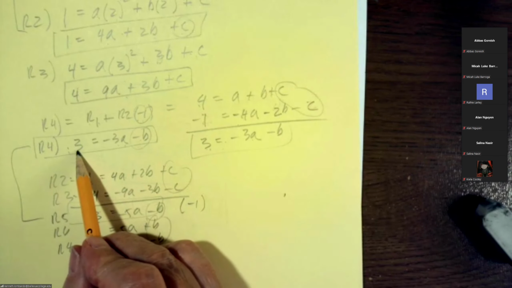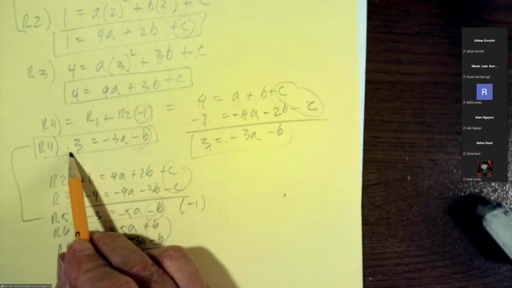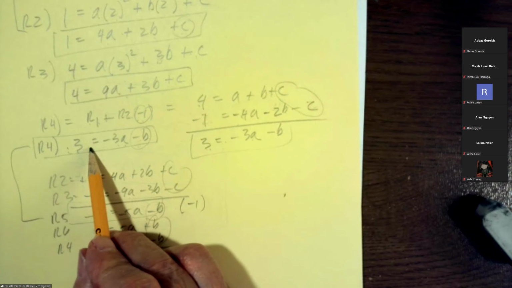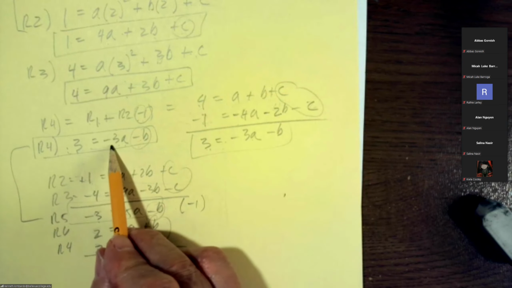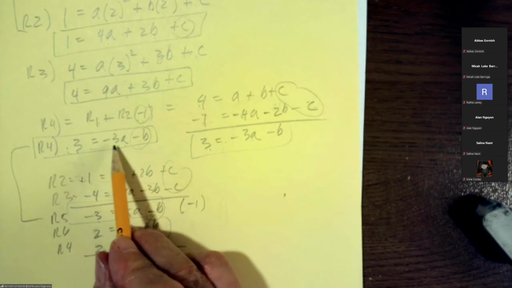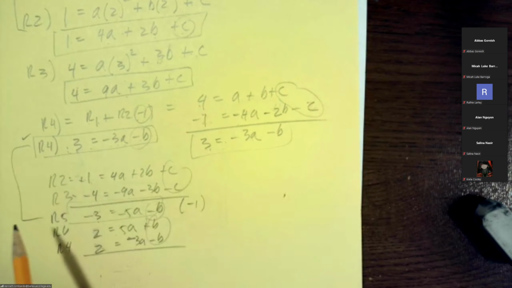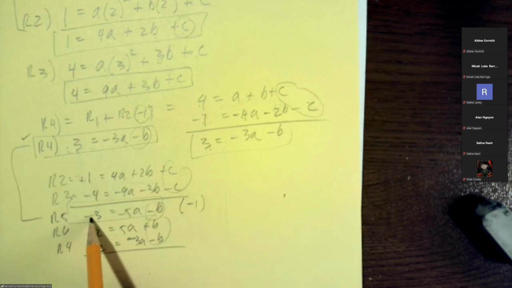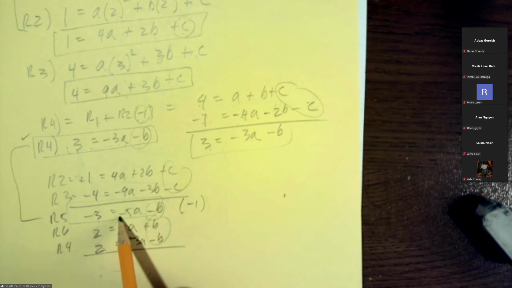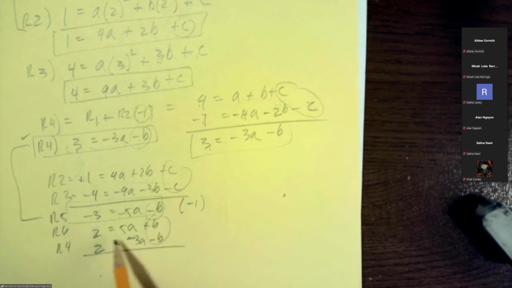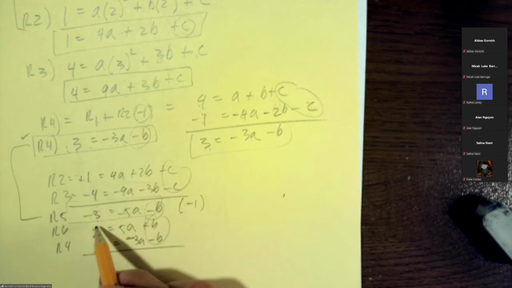So we combined row 4, we get 3 equals -3. That's good. I like this one. And row 5, -3, -5. Combine those, and we get 2. Let's see, 4 and 5.